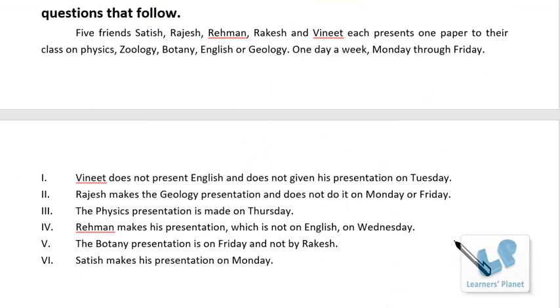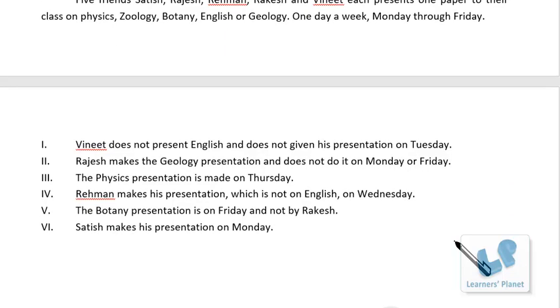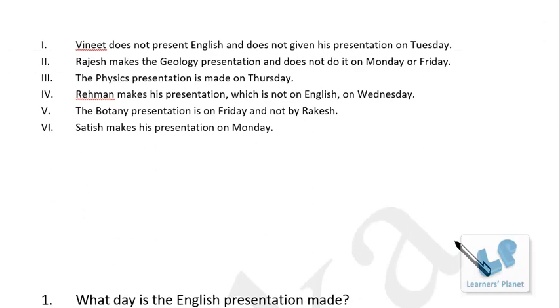5 friends. Each presents one paper to their class, one day a week, Monday through Friday. Okay. Fine. So we have name, subject and day. Vinith does not present English and does not give the presentation on Tuesday.